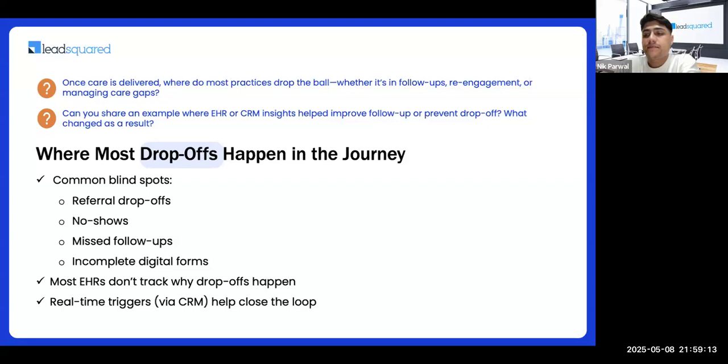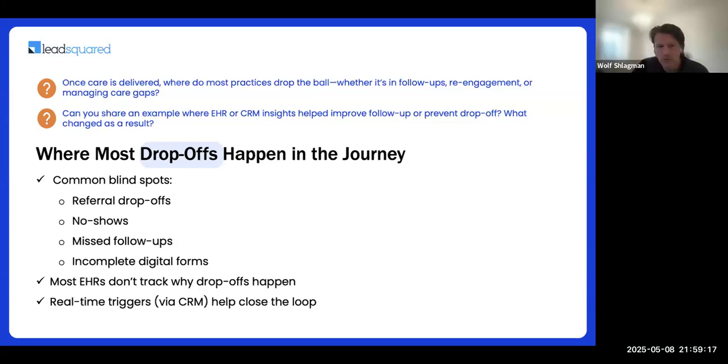Because Lead Squared has the ability to trigger different actions, if this happens, then do this. So if an appointment is canceled, follow up with that, or after an appointment, you can also send them certain information, right? We've done a number of integrations into Healthy Young Minds with Lead Squared.